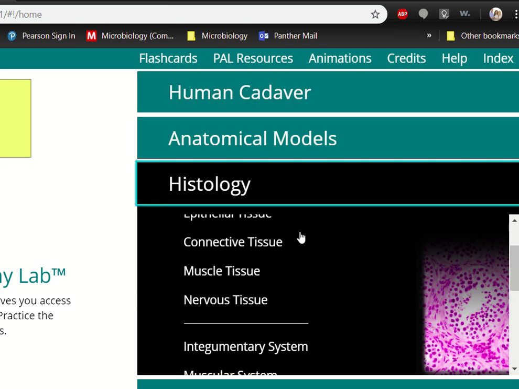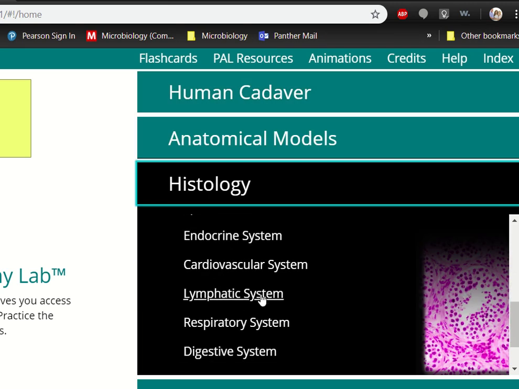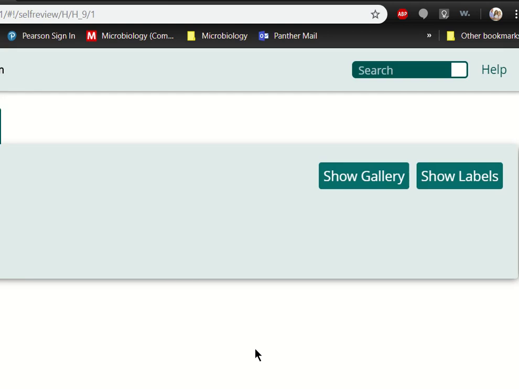It's amazing. Please make sure you're practicing with this, okay? If you scroll down, you can go to Digestive System. And you can either show labels or not show labels. If you want to show labels, you can.